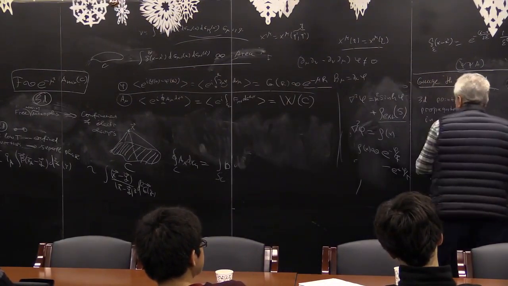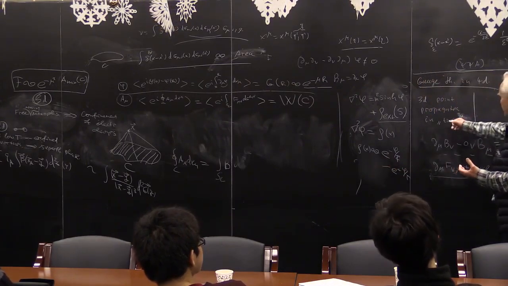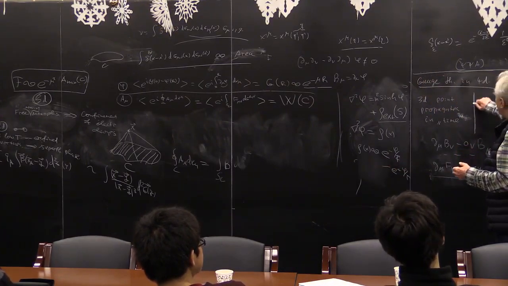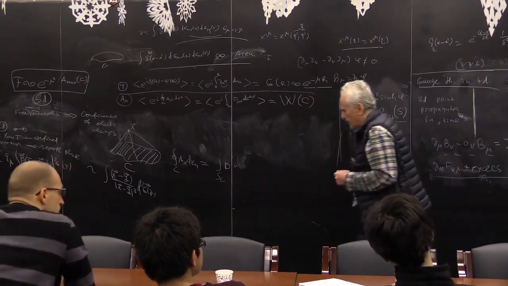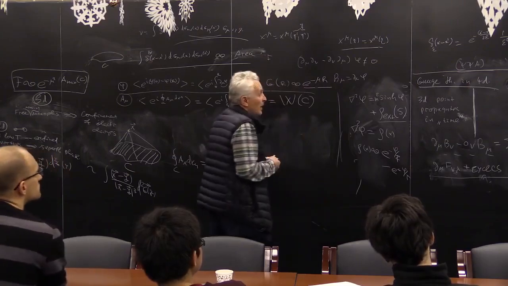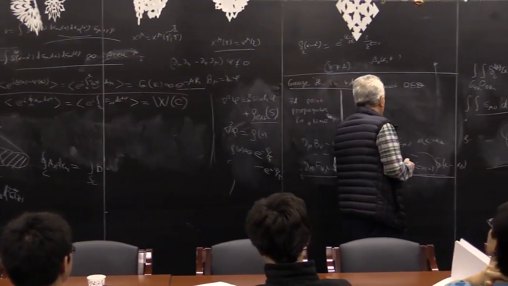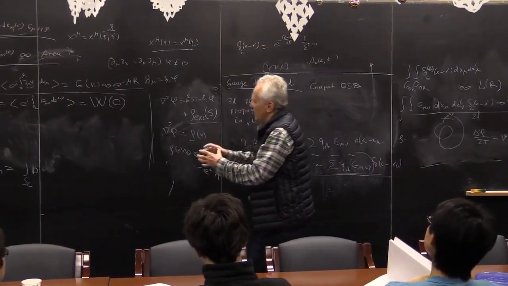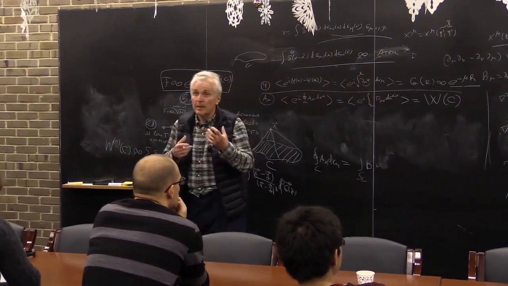Instead, when you introduce these propagators, you have objects propagating in time. We had those magnetic monopoles which were point-like in space-time.